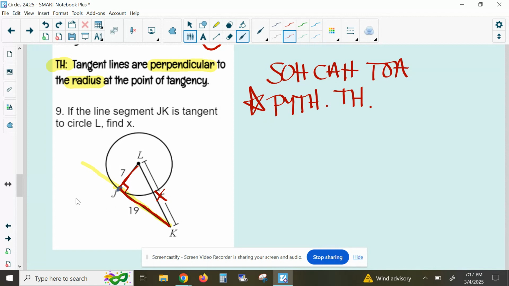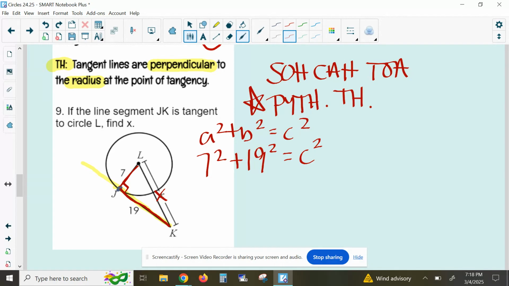Remember that the Pythagorean theorem is a squared plus b squared equals c squared, where a and b are the legs and c has to be the hypotenuse. So our 7 could be our a, our 19 could be our b, and our c is what we are missing. And remember, a and b could be backwards.